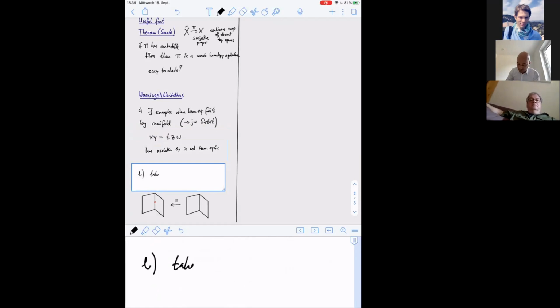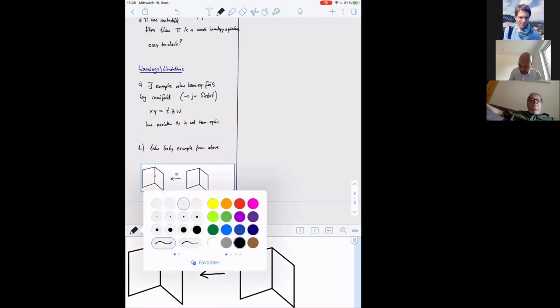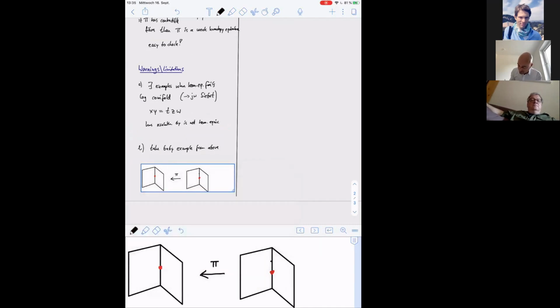And there's yet another, even simpler example. Take the baby example from above and blow up somewhere else. So instead of blowing up at the log singularity, you just leave it as it is and blow up some other point. I can blow up here, or blow up some point that's not in the double locus, whatever.